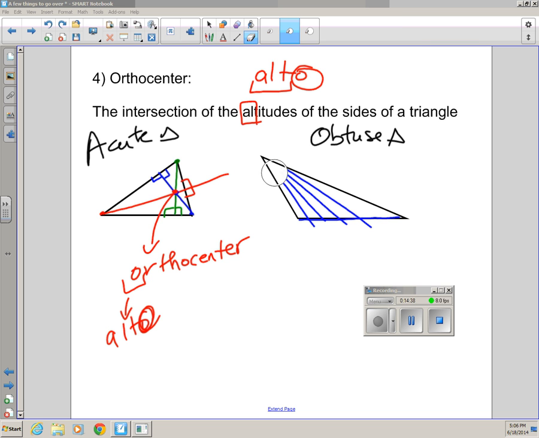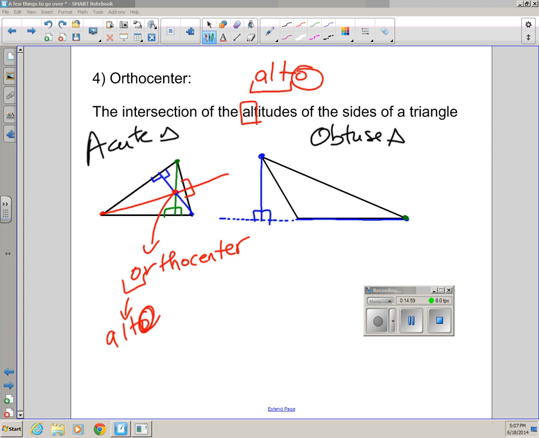So the solution is we extend out this side. Okay, we extend it, and then I can drop an altitude or a height down. Okay? And that would be my altitude.